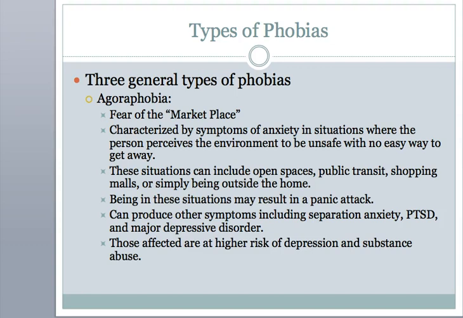This might be just open spaces. It could be being on public transit or being in shopping malls, or for some people, it's simply being anywhere other than in their home. Even something as simple as being out on the front porch can be enough to provoke extreme anxiety.